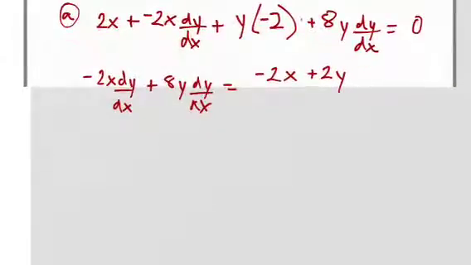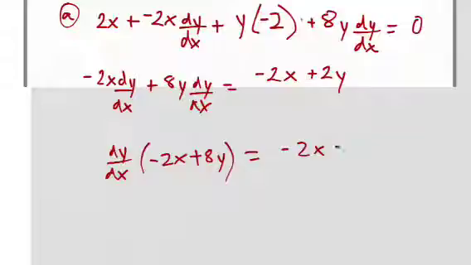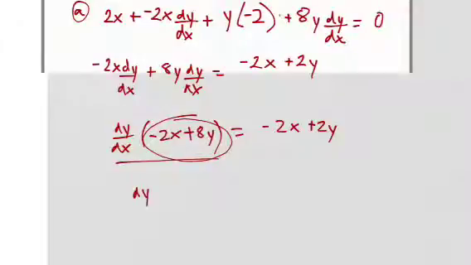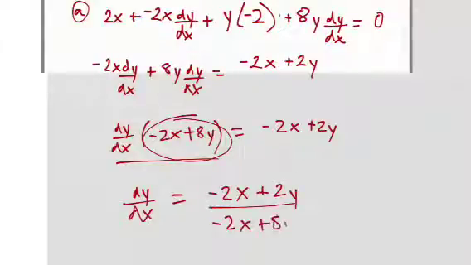And then I will factor out a dy/dx here. So I'll get dy/dx on the outside, negative 2x plus 8y equals negative 2x plus 2y. And then I'll divide both sides by that. So dy/dx equals (negative 2x plus 2y) divided by (negative 2x plus 8y).